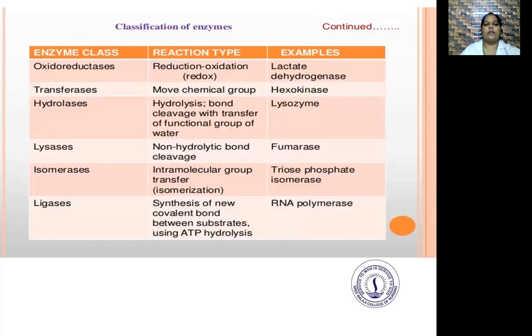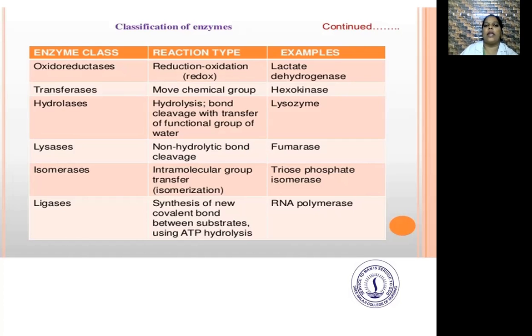Classification of enzymes. Enzyme class, reaction type, and example. Enzyme class, oxidoreductases. Reaction type is reduction or oxidation, and the example is lactate dehydrogenase. The enzyme class is transferases.